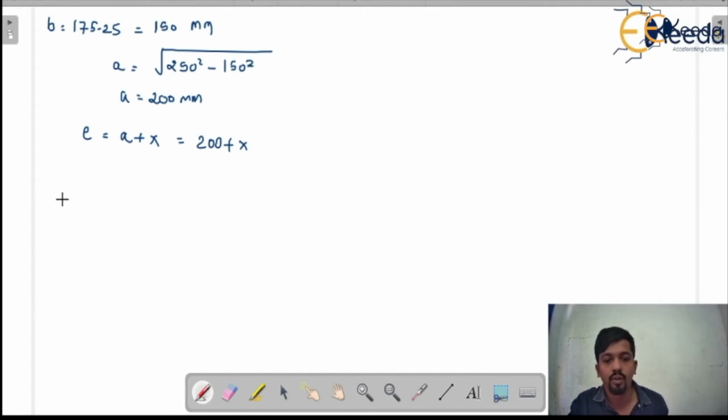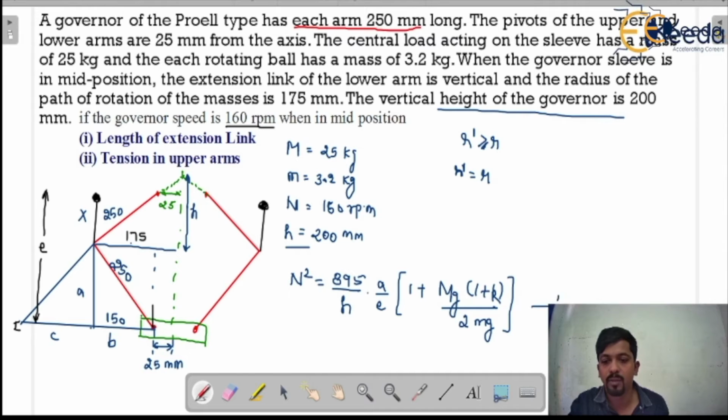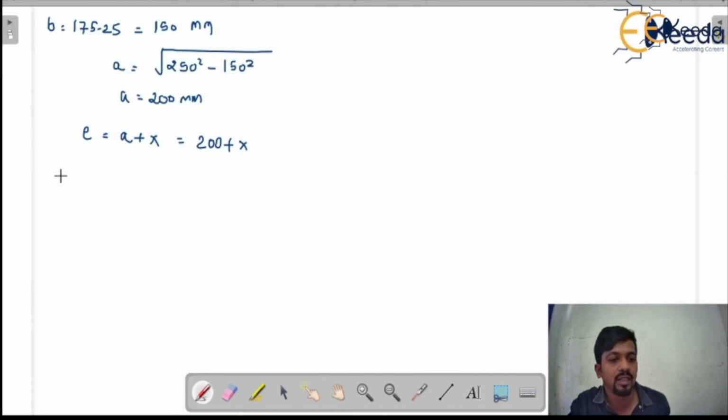So we put all the data in equation number 1. The n value is 160, so 160 square is equal to 895 upon H. H is 0.2, and A is 0.2. I am putting the values in meters.